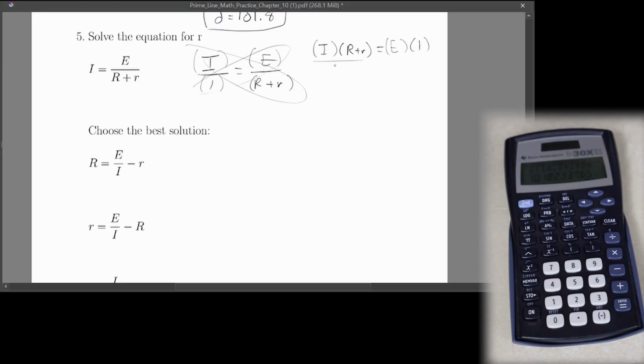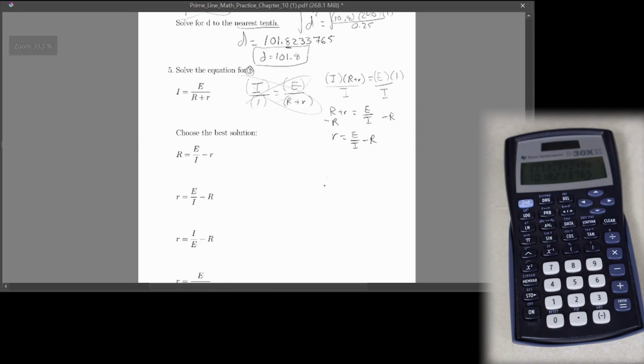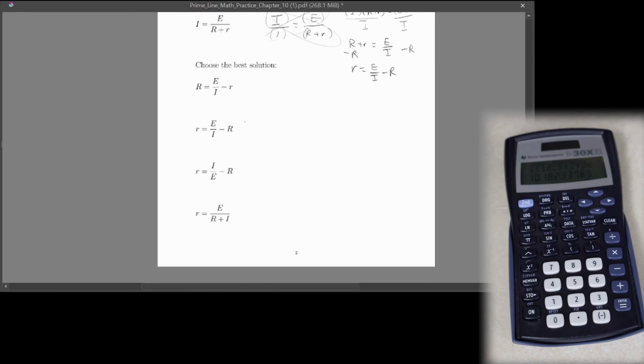I can divide by capital I, and I get big R plus little r equals e over I, and I can subtract big R because I'm trying to solve for little r. So little r equals e over I minus R, and we'll find the option that matches that, which is e over I minus R.